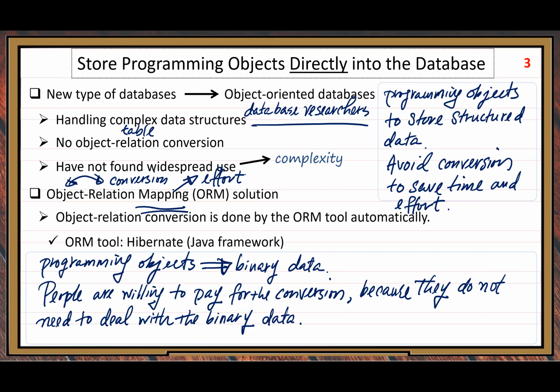The most popular ORM tool in industry, here I give you the Java case, is called the Hibernate Java framework. It is an old tool, used for more than 10 years. Quite popular, but old.